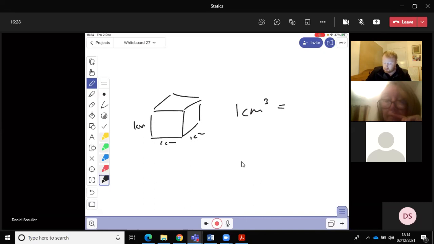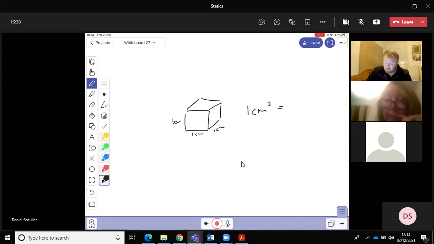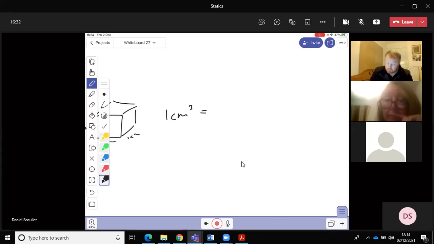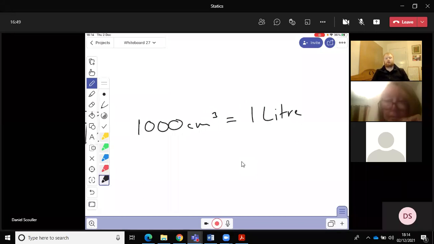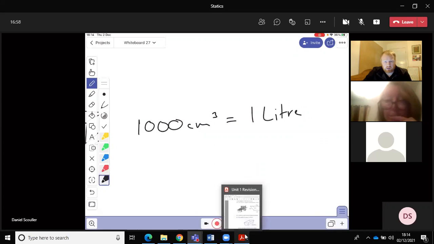So 1 centimetre cubed, 1,000 centimetres cubed equals 1 litre. And that is a conversion that we do need to know. So that's just clarifying that. Let's have a wee look at that question then.